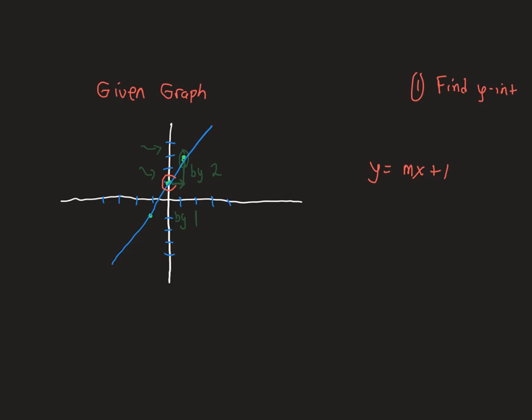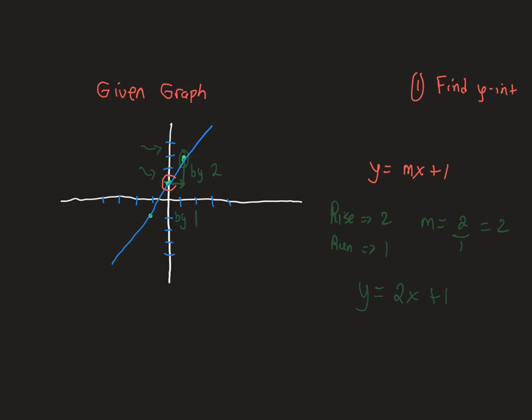So we went right by 1, up by 2. So my rise was 2, and my run was 1. So m is 2 over 1, which is the same thing as saying 2. So my final equation should be 2x plus 1.